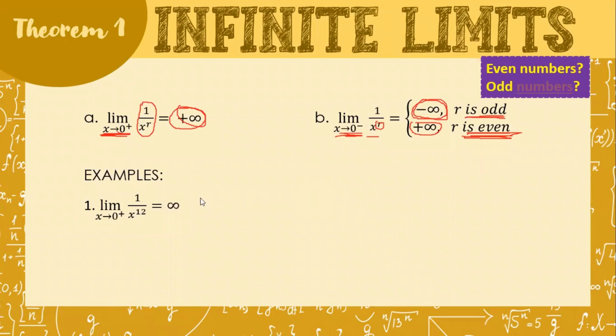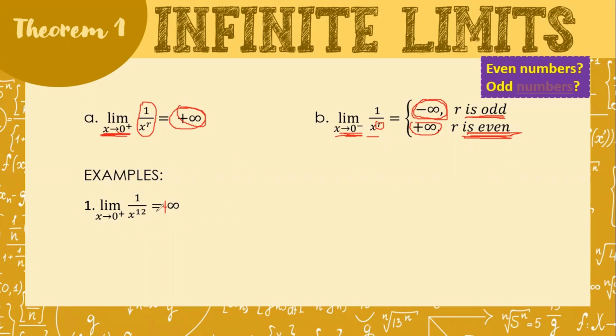First example, we have the limit of 1 over x raised to 12 as x approaches 0 positive, or to the right. As you can see, the result here is positive infinity. The answer is automatic, so don't be confused.